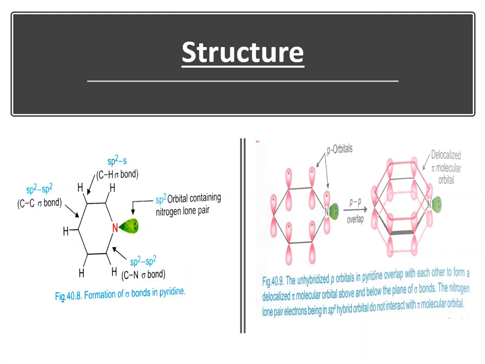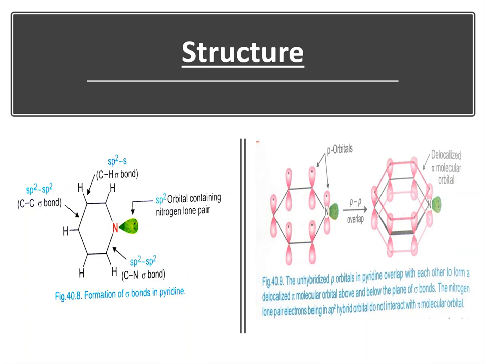There are 4 carbon-carbon sigma bonds and 2 carbon-nitrogen sigma bonds, all in the same plane. The unhybridized p orbitals are perpendicular to this plane and adjacent to each other, so there is a delocalization of electrons.